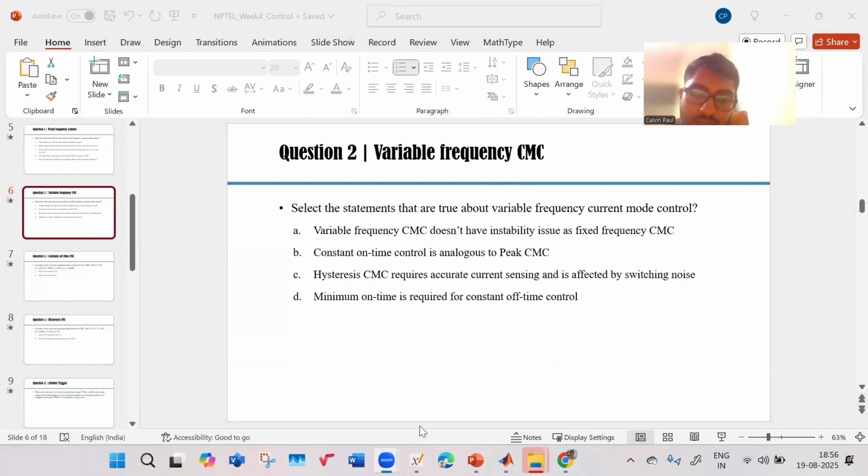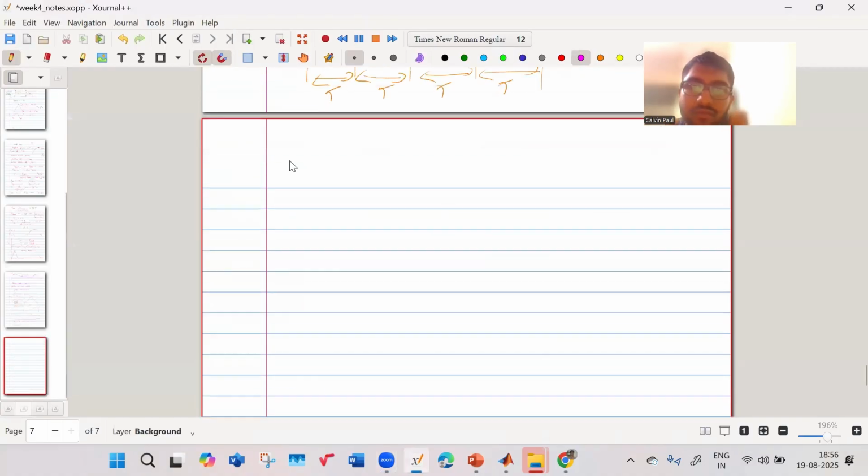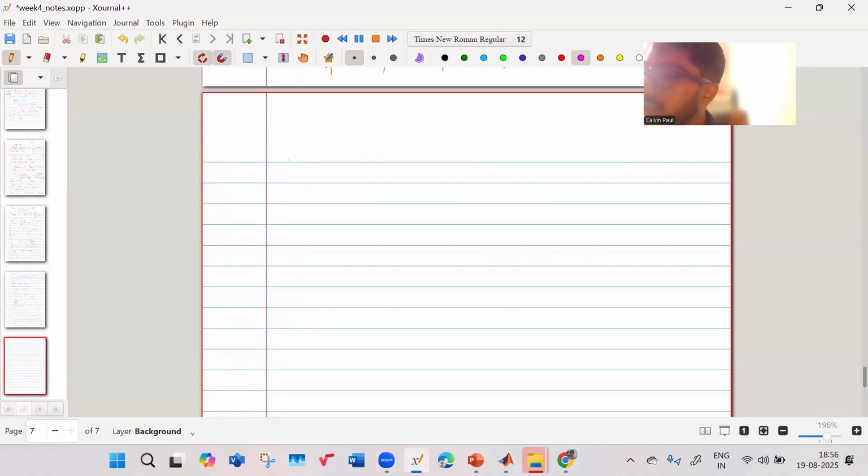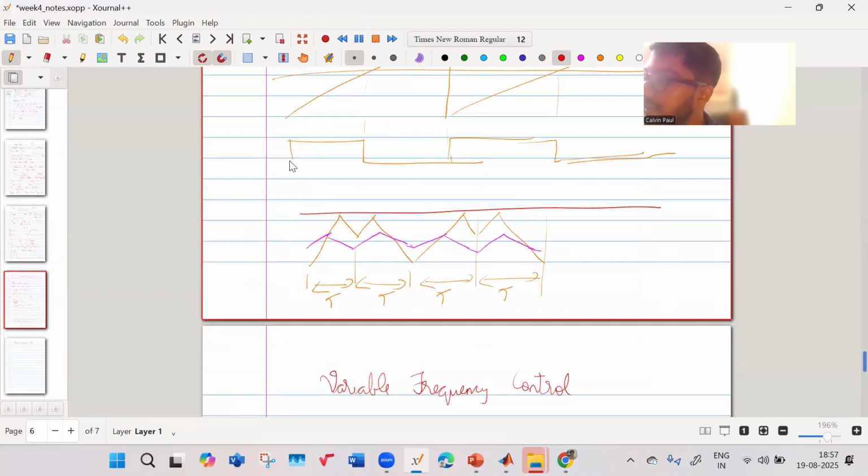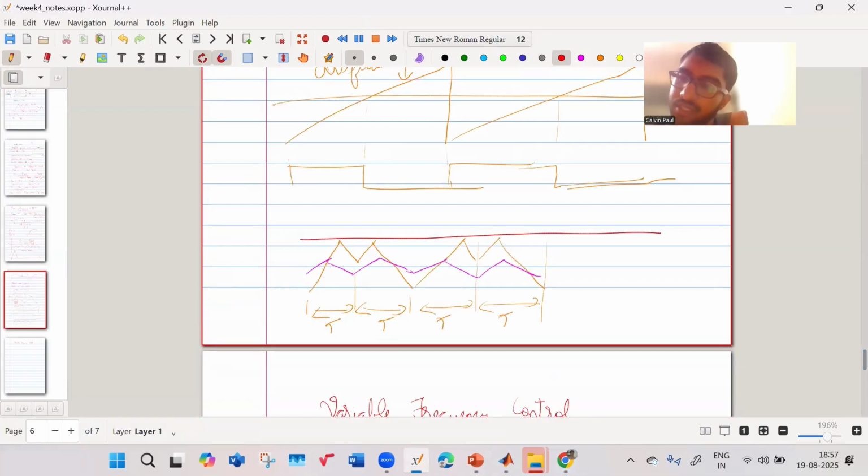So we are talking about variable frequency control. The advantage is we are not constrained by this time duration.